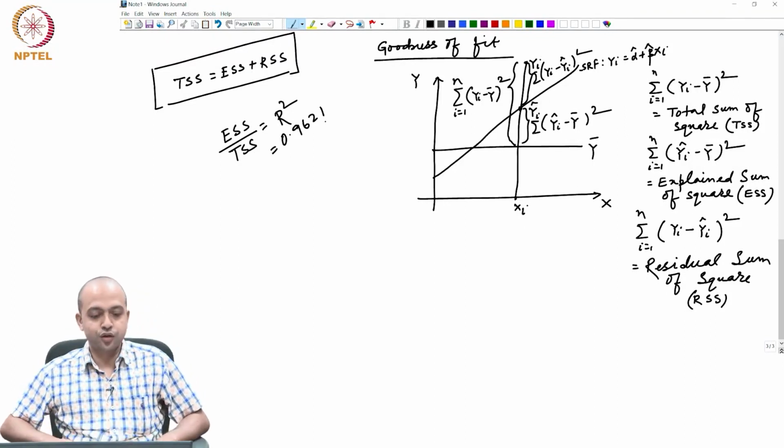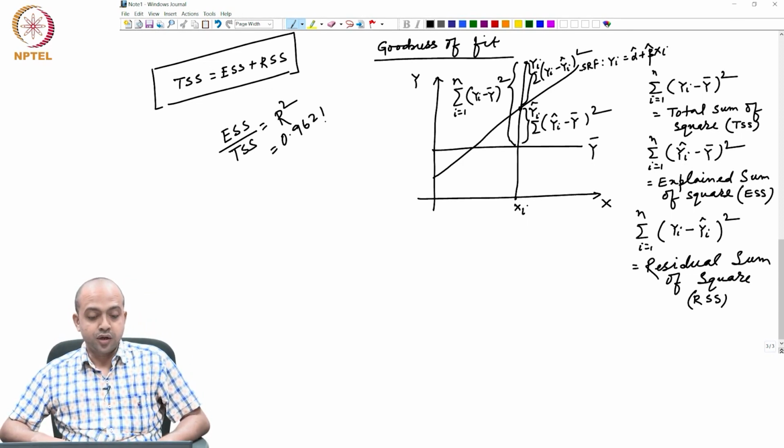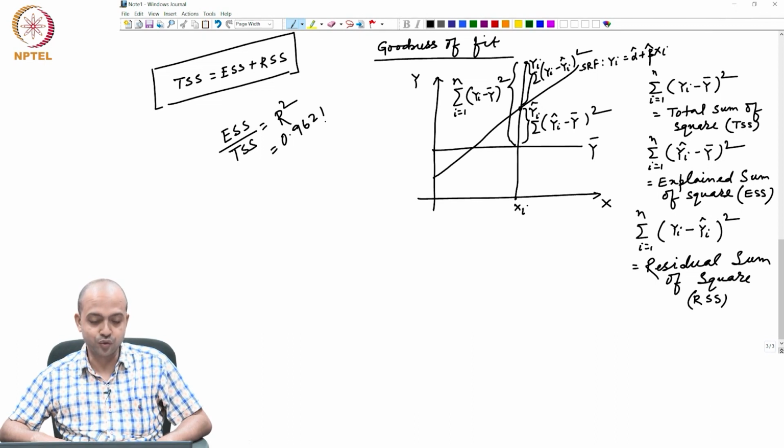So that means 96.21% variation in y is explained by your model, which is really good.